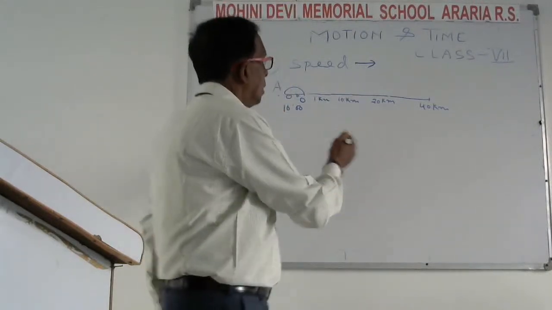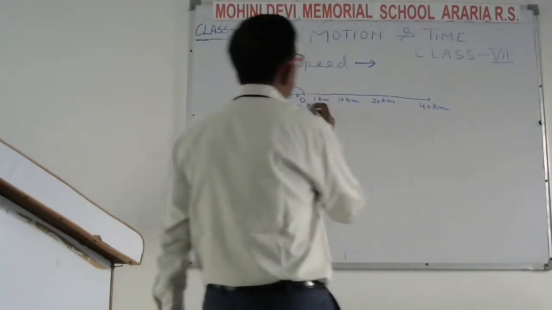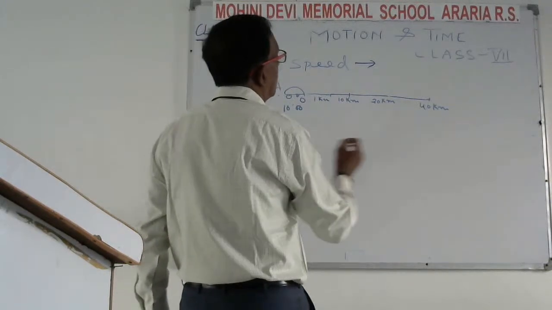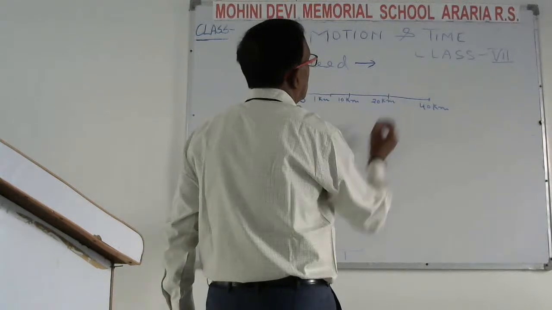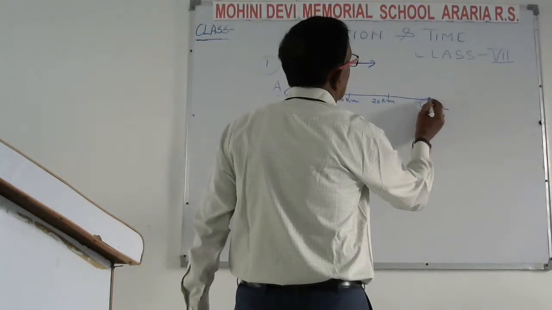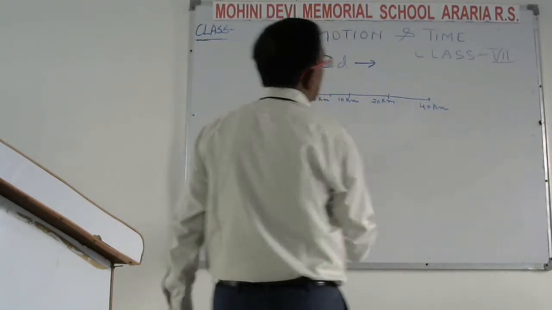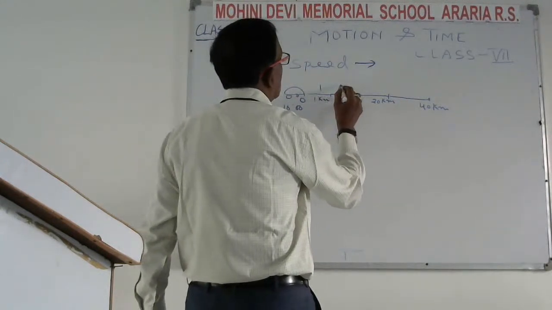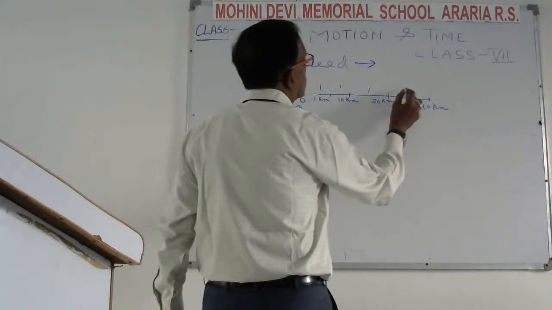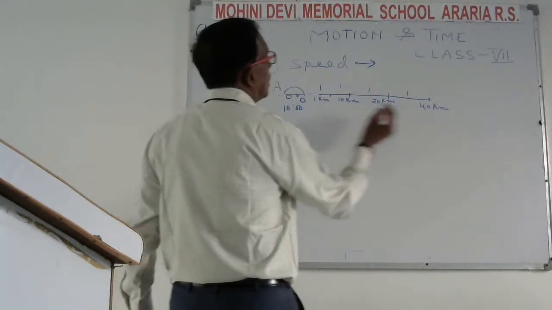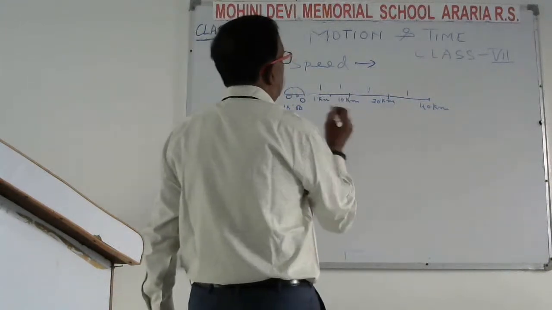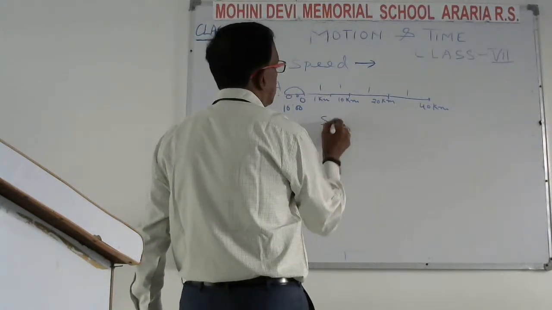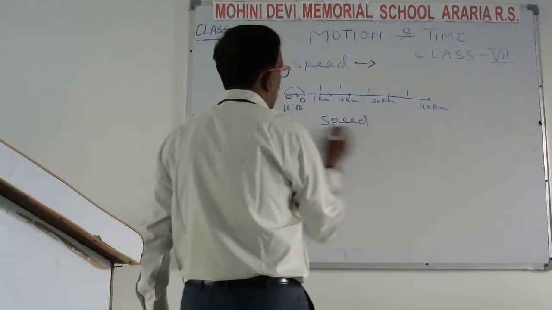Now you can calculate the average speed. Here it has covered 1 kilometer, here 20 kilometers, and in the last it has covered 40 kilometers, and the time is 1 hour. Then the total distance over total time is the average speed.